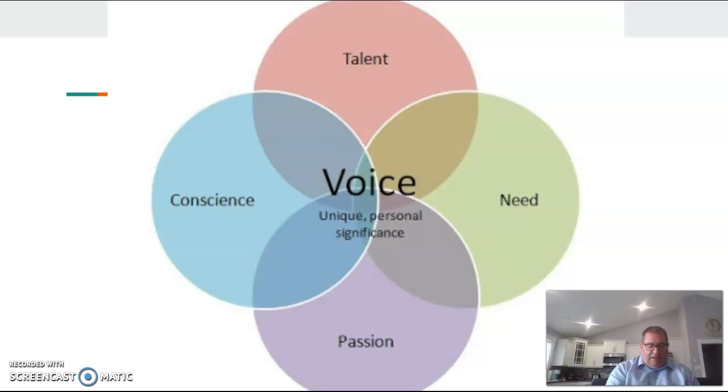So this all takes an understanding of who we are. We have to look at the passion that we have, the motivation behind who we are as learners, the needs that we have, the talents that we bring to the table, and be conscious of all of that in order to find our voice and to be part of something bigger than just ourselves.